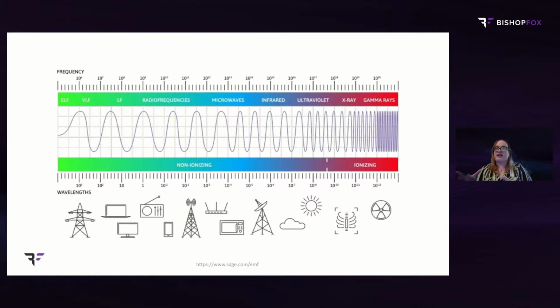But most things are going to fall in the non-ionizing stage. So you're probably familiar with some of these devices or lines of communication, such as AM/FM radio, Wi-Fi, and microwaves. Wi-Fi and microwaves, we'll point out later, run near each other and near the same frequency, so you might have interference in between those two. But here are some examples of how those work.